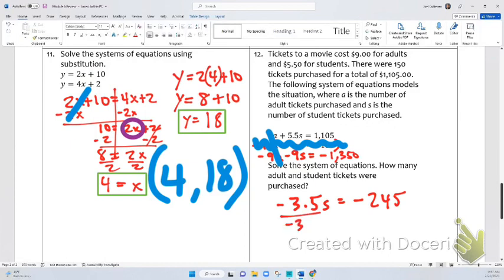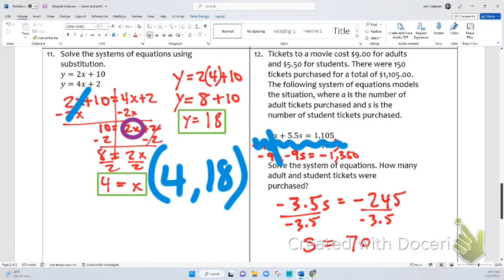Divide both sides by a negative 3.5. And when you do that and you use your calculator, and I highly recommend using a calculator for this one, you get 70. So the S stands for students. So obviously there's 70 student tickets that were purchased.